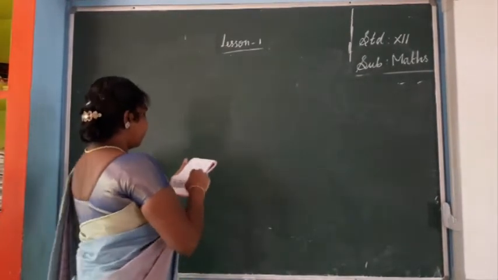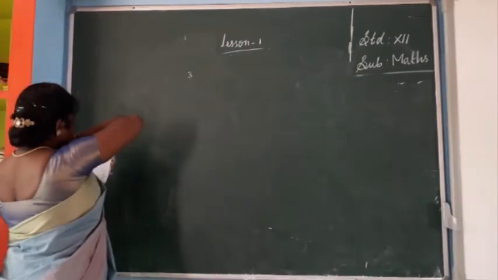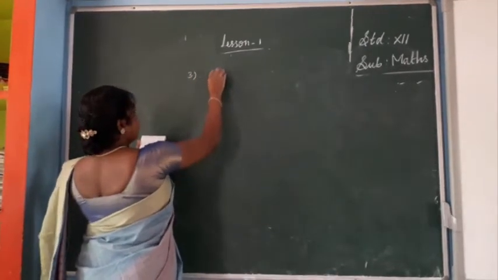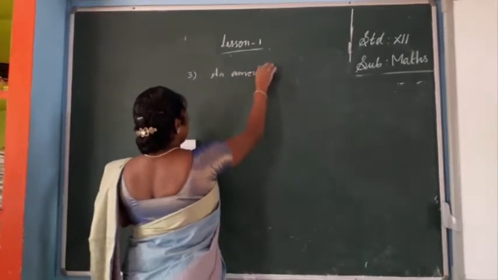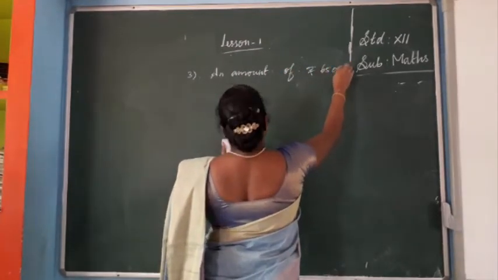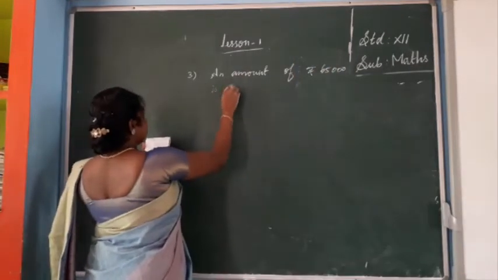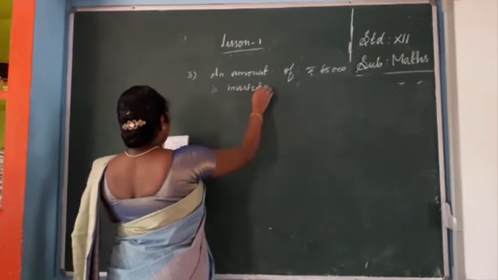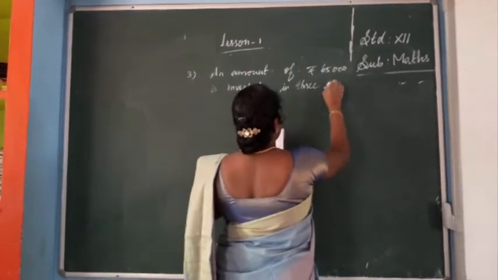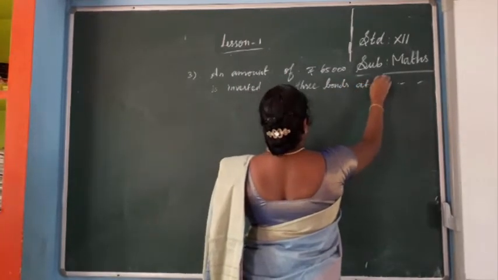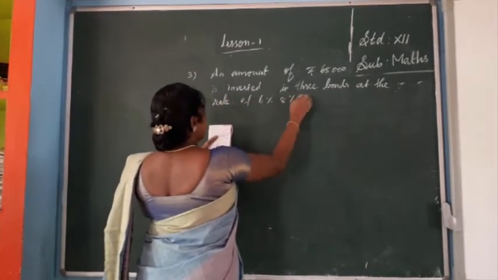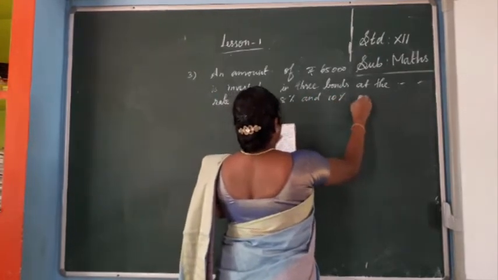Okay, next question is the third one. An amount of rupees 65,000 is invested in 3 bonds at the rate of 6%, 8% and 10% per annum respectively.